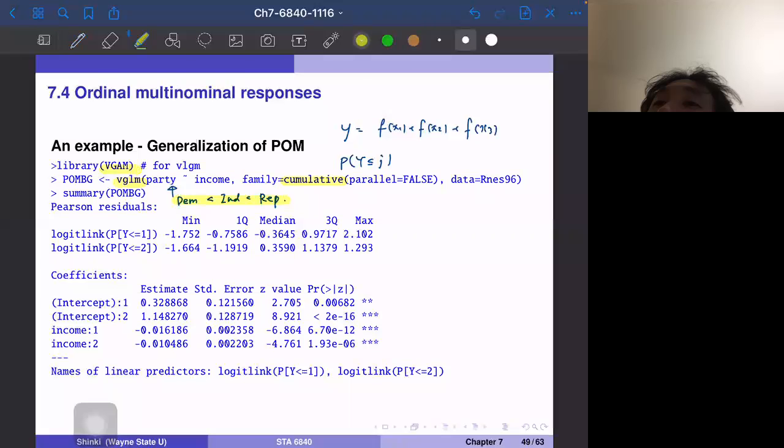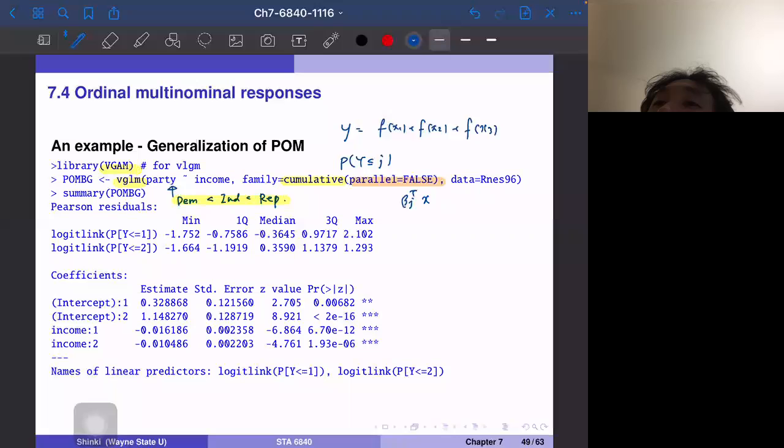Then parallel is false, so we get beta j x. This beta j depends on j. Then we use the data, nes96. We defined it in an earlier slide in chapter 7. Generally my slides are self-contained within a chapter, but of course each page uses the code from the previous pages.